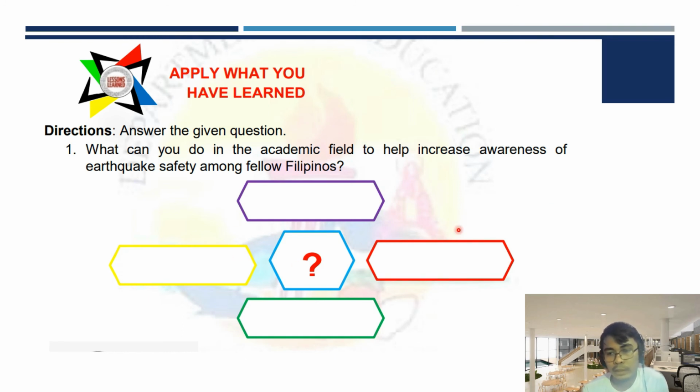So, make this graphic organizer. Okay? So, yung mga sagot mo should be focused on this graphic organizer. Ikaw na bahala maglagay ng nasa gitna. Ano ko yung pinaka theme or sentro or yung thesis na tinatawag natin in this topic of yours.